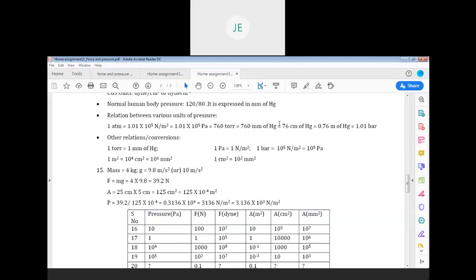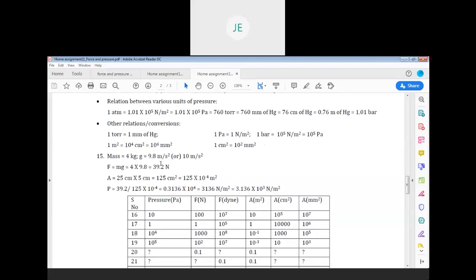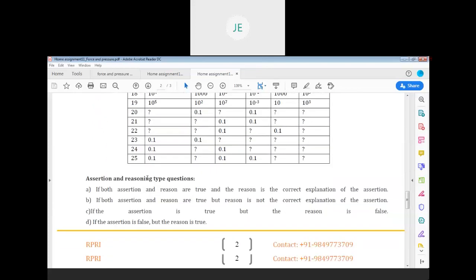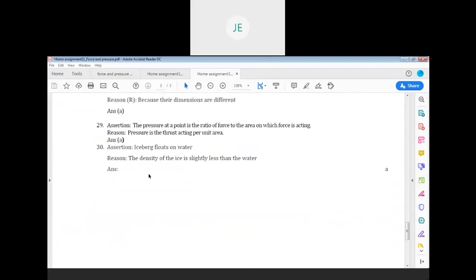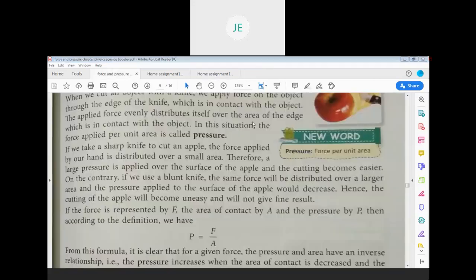That is what it means. And there are other relations, like 1 meter square is 10 power 4 centimeter square, or 10 power 6 millimeter square, or 1 centimeter square is 10 power 2 millimeter square. So these are some of the examples we have solved. We have done all these problems already.